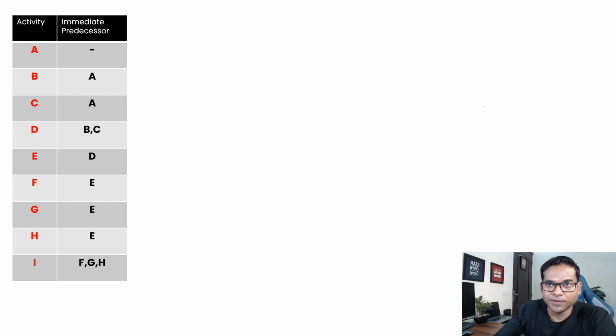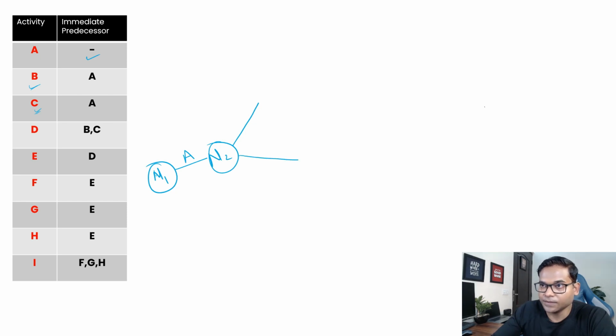Again, we can start our activity A without any predecessor, so we make it node 1 and start our activity A. Let's call the next node node 2, and this activity A is done. Now activities B and C can start immediately.